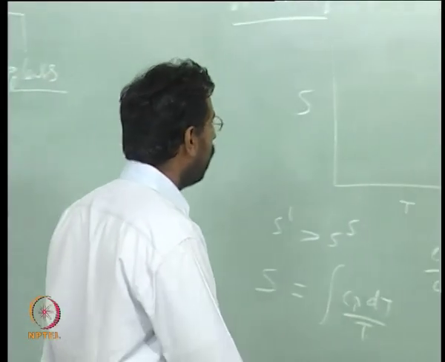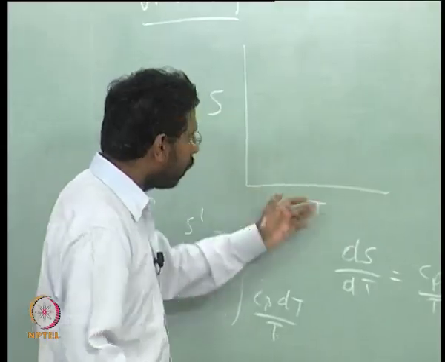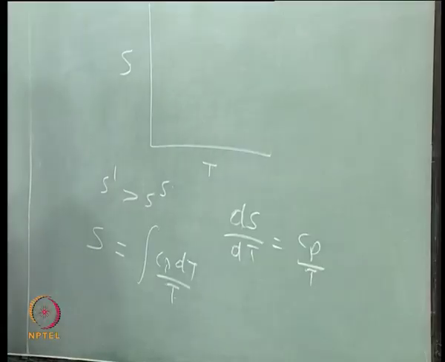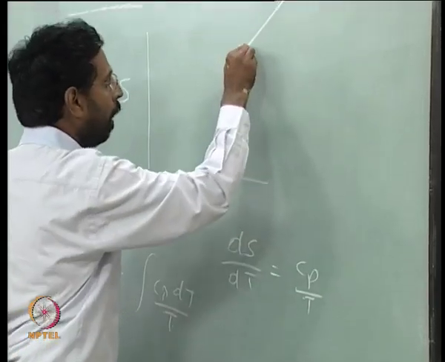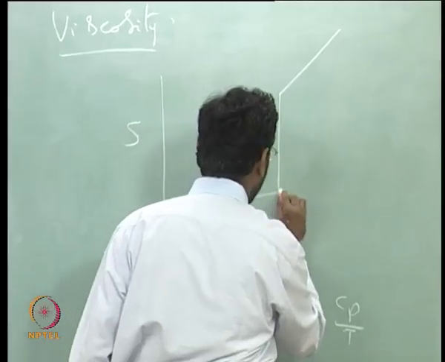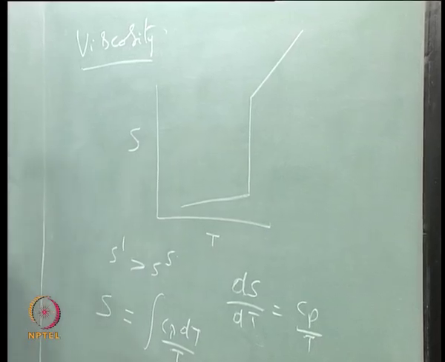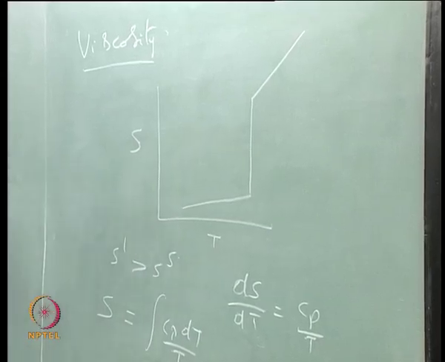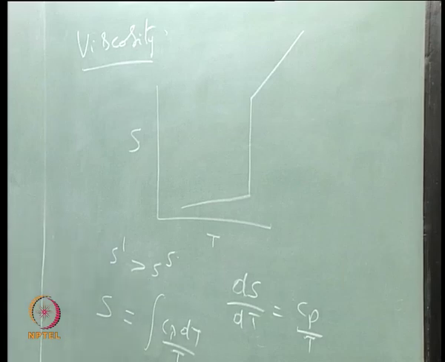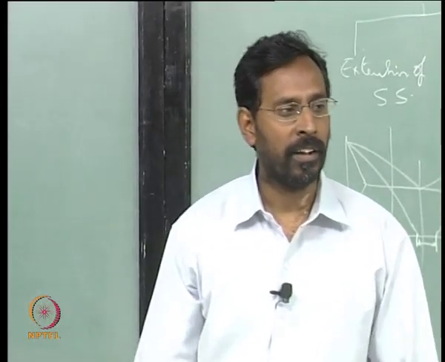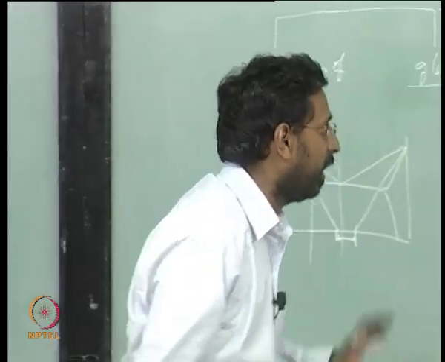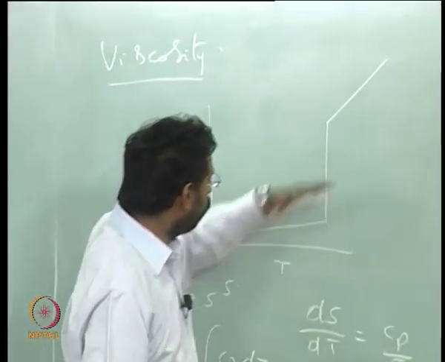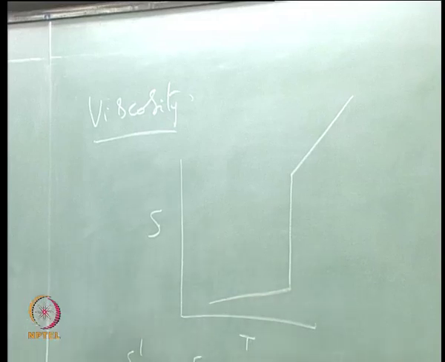If that is the case, if I plot entropy versus temperature for any metal, for example, I can show that the entropy changes something like this. Of course there is a mistake in this curve. What is it? These are not straight lines. These two portions which I showed as straight lines are actually not straight lines.